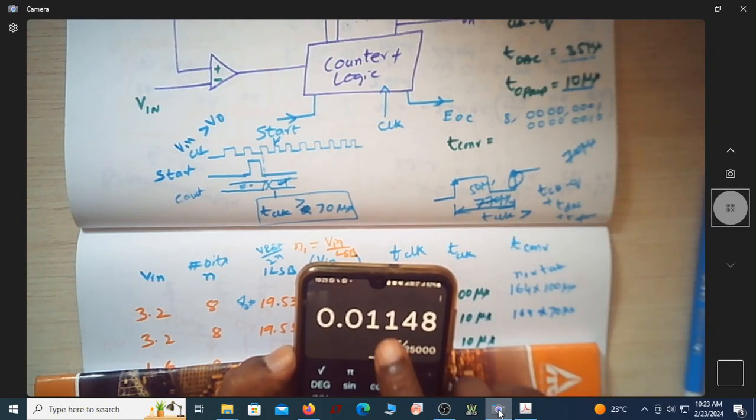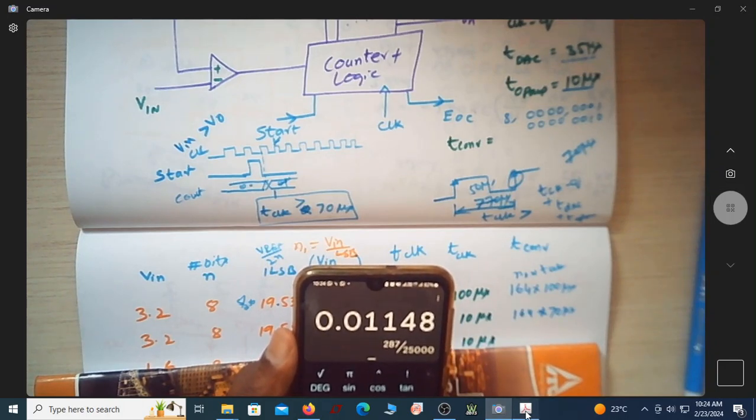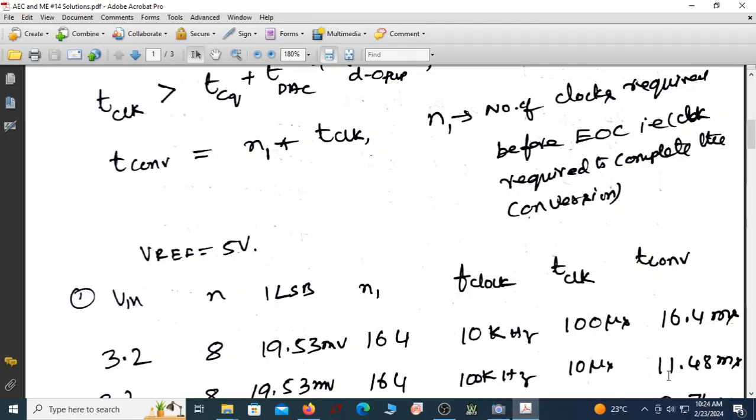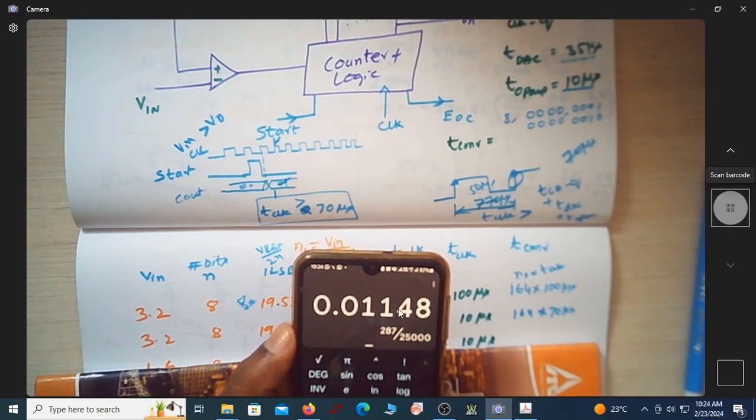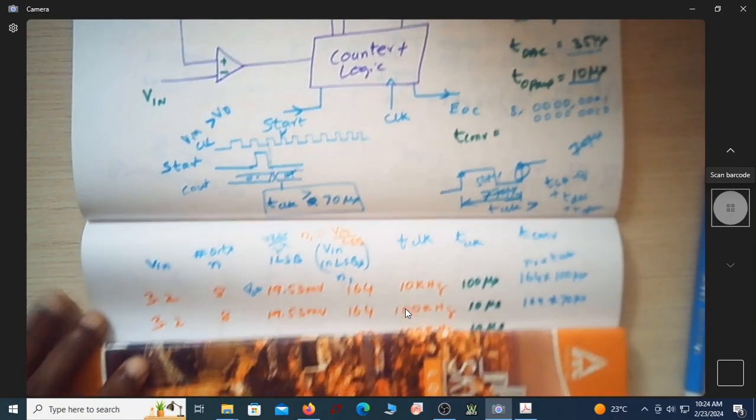Now can you see this is 11.48 millisecond. That's what it is, 11.48 millisecond. So that's the time it is taking.